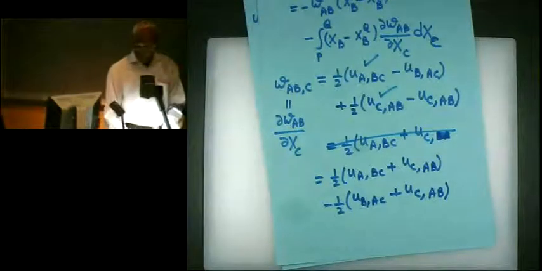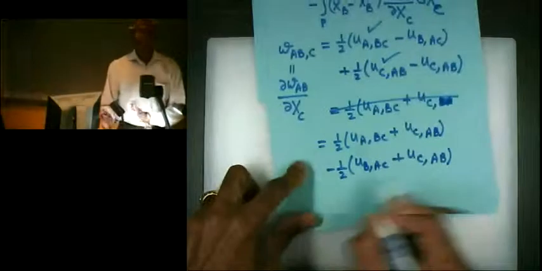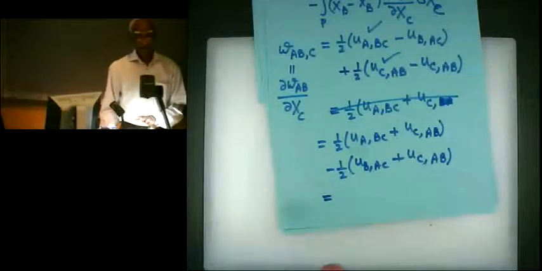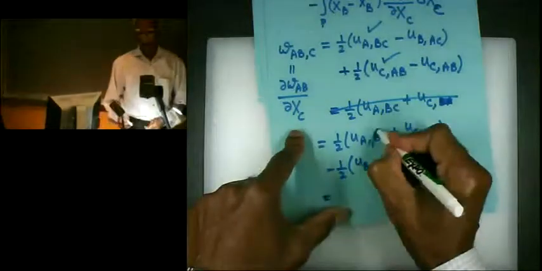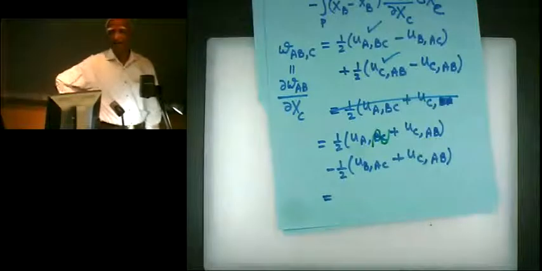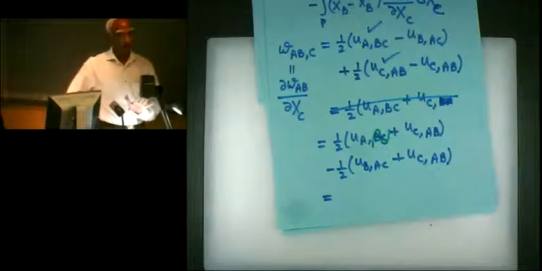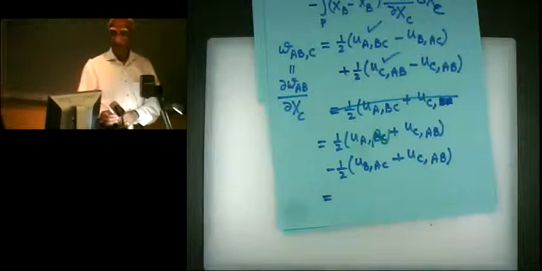Okay, so now the partial derivatives commute. So I'm going to write this thing as U_A,CB rather than BC. I'm going to interchange B and C. Partial derivatives commute, which means you can differentiate with respect to XC first and then XB. Okay?